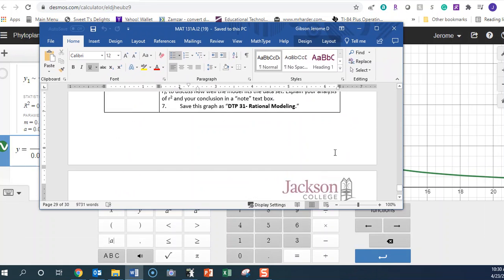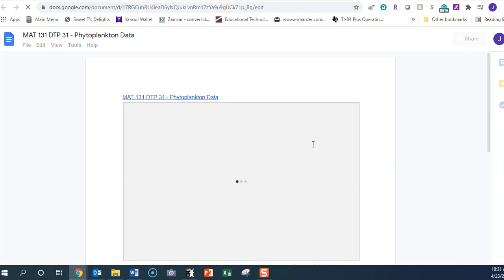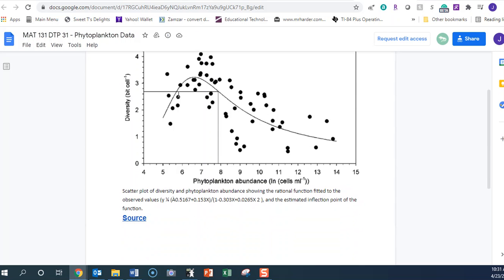It tells us here at 31, it says, note your solution's graph should look similar to this. So we click here. And it shows us this graph here.